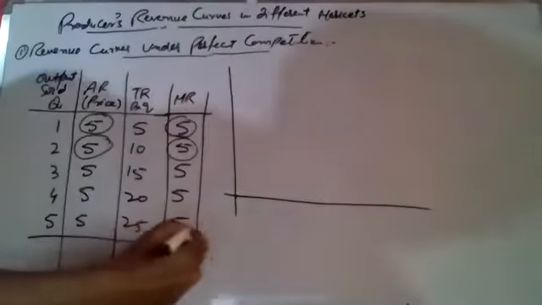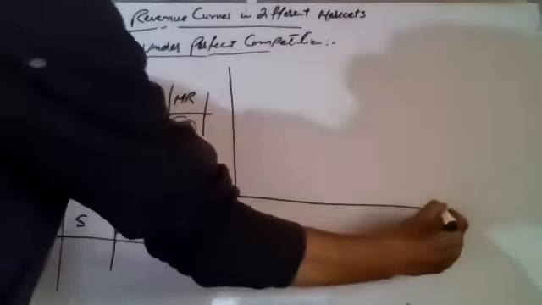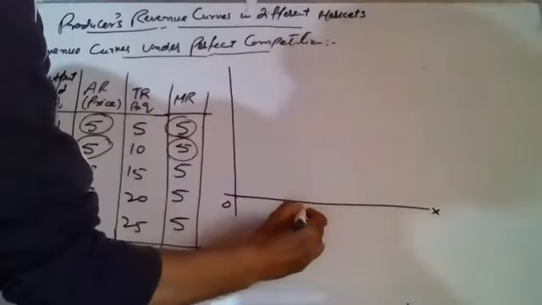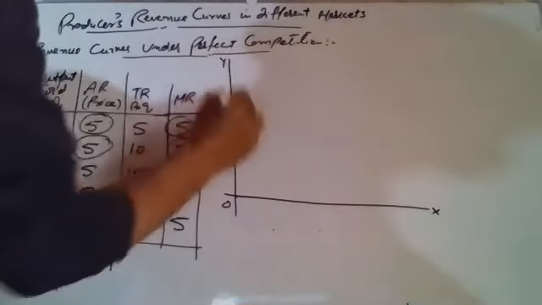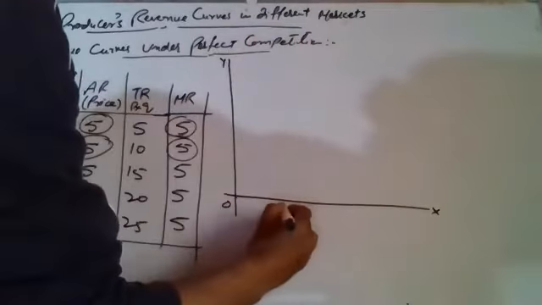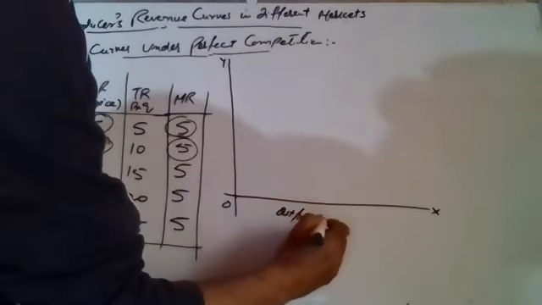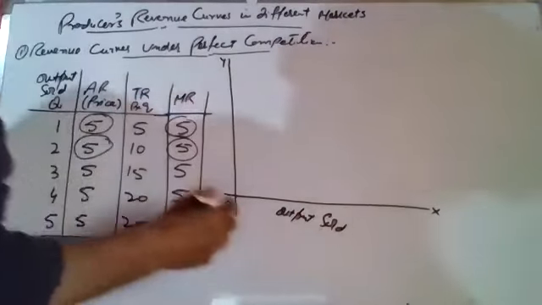so what is the shape of the revenue curves, or average revenue and marginal revenue curve? In the perfect market, along OX, we measure output sold or quantity sold.